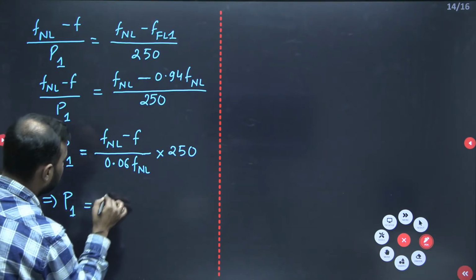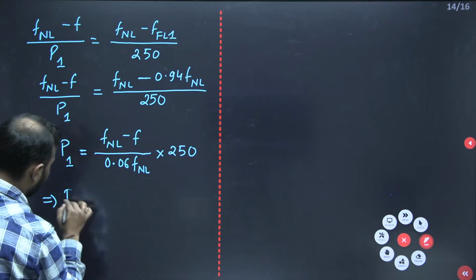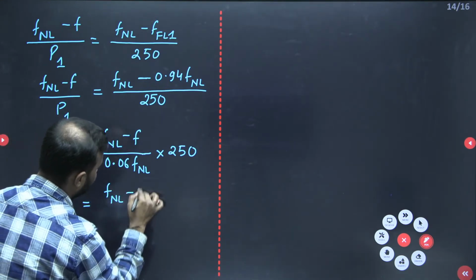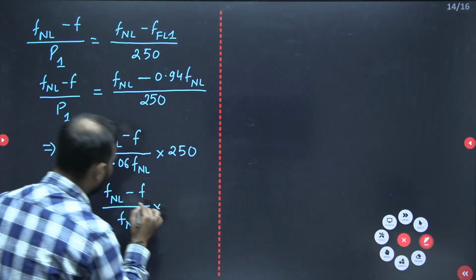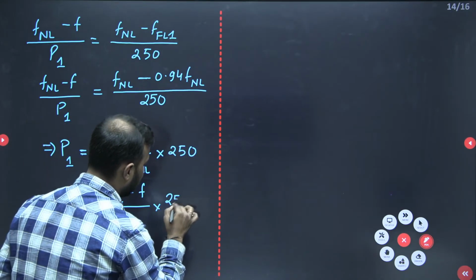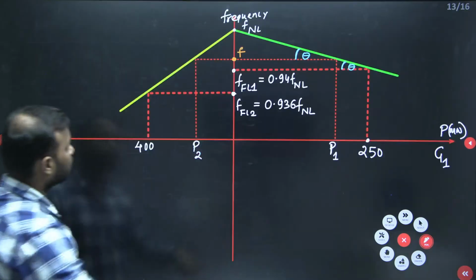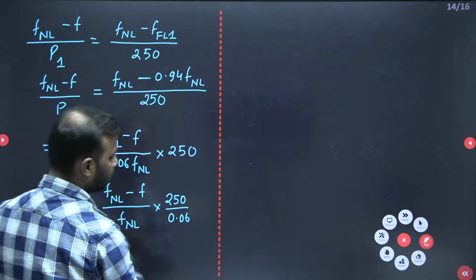P1 is equal to (F_NL minus F) whole divided by F_NL into 0.06 over 250. Equation 1 we had taken somewhere, no? Yeah, this is equation 1. So let me take this as equation 2.